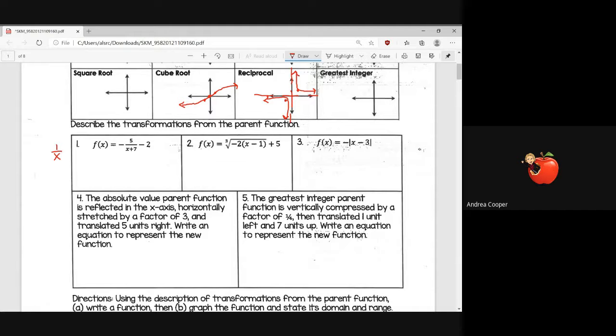The negative outside means I multiply the y by -1. The 5 means I multiply the y by 5. The 7 means I'm going to go left 7 and then down 2.